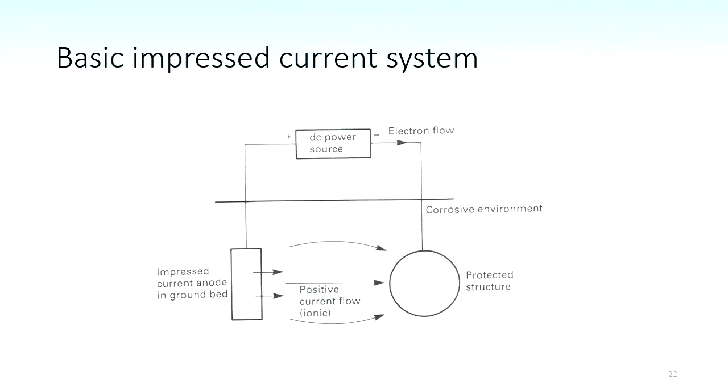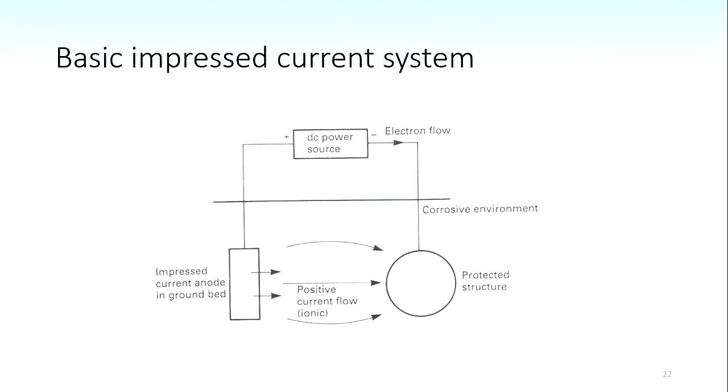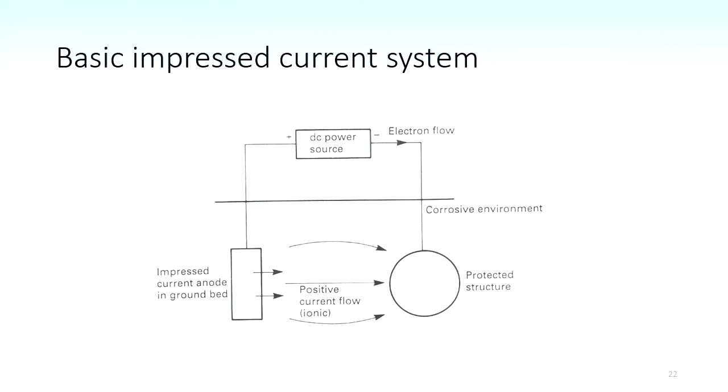Typically, the distance between the anode and pipe is in the order of 100 meters or so. Okay, we're not putting the anode and cathode close together because we want a throw of current, a more even distribution of current across the length of the pipe. So the distance between anode and cathode is 100 meters or so, and then the distance between the power supply units can be 10 kilometers or so.